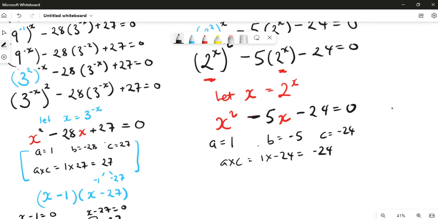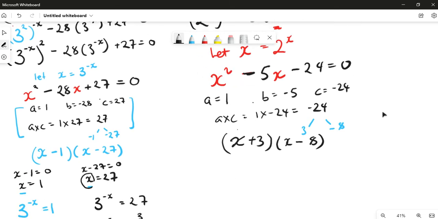So those two factors are 3 and negative 8. 3 times negative 8, you get negative 24. 3 plus negative 8, you get negative 5. So we can factorize our equation here. It's going to become x plus 3, x minus 8.